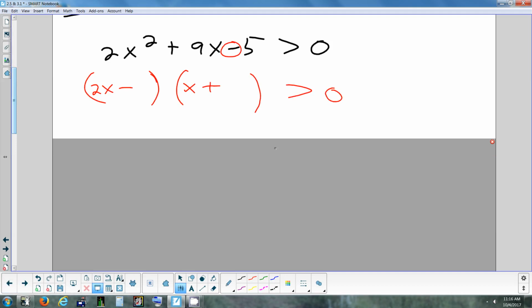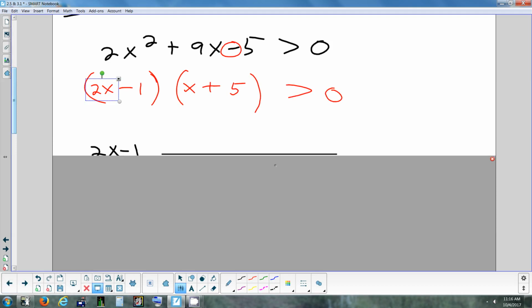Then two numbers that multiply to give me 5: 1 and 5. Let's check it. 2x times 5 gives me 10x, minus 1x, 9x. That's exactly what we wanted. So now we've factored it.